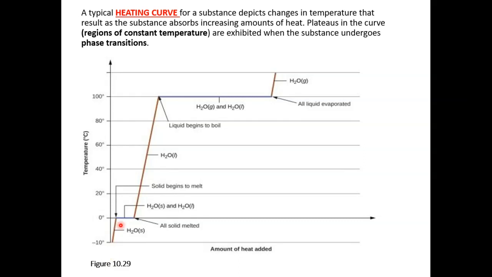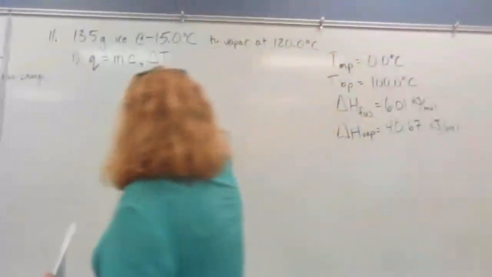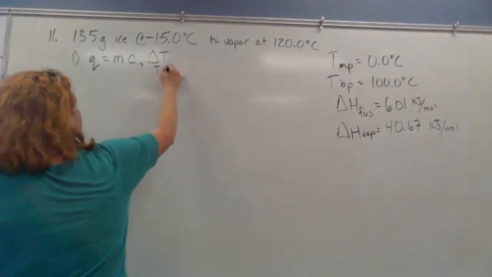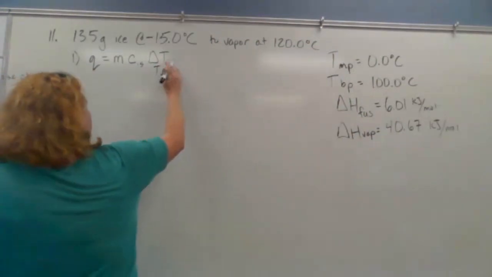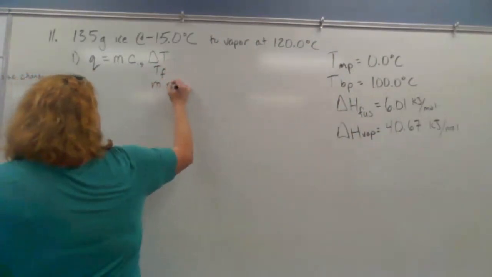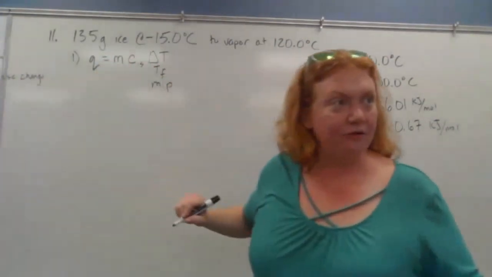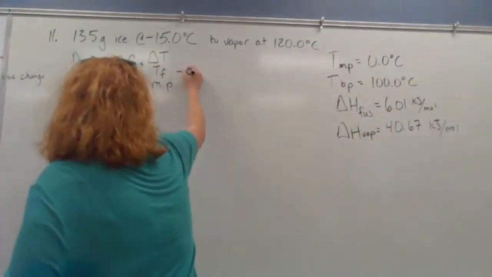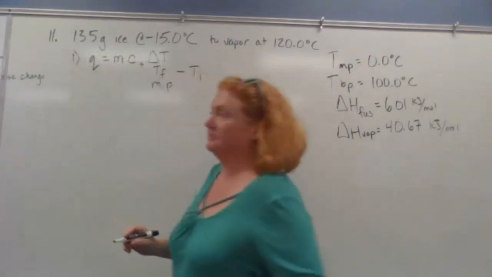What's your final? Whatever the melting point of that substance is. For water, it is 0. Final minus initial. Yes, 0 minus -15. T final is your melting point in this scenario, minus T initial.